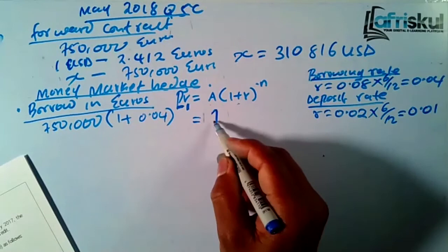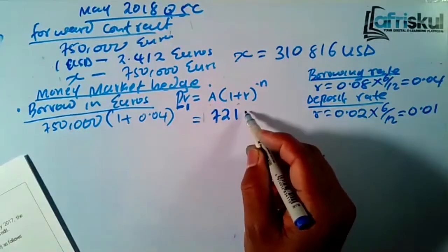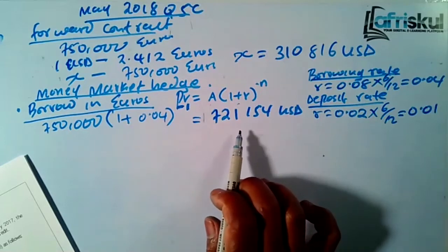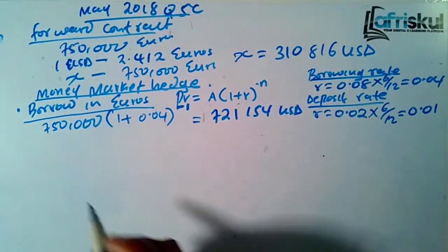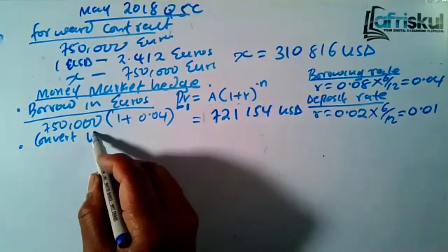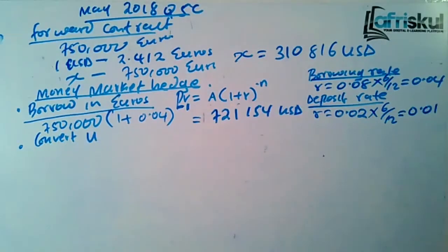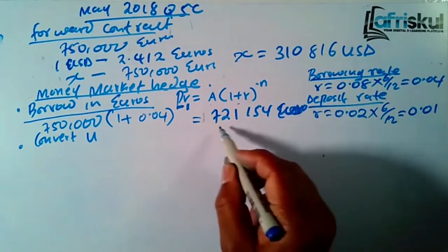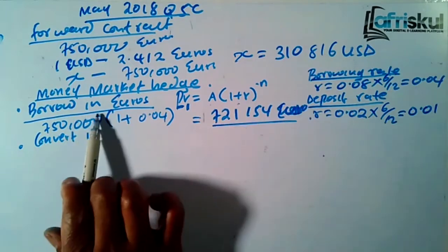You'll get 721,154. That's what you need to borrow now. Sorry, this is not US dollars. This one should be euros. We are supposed to borrow in euros.